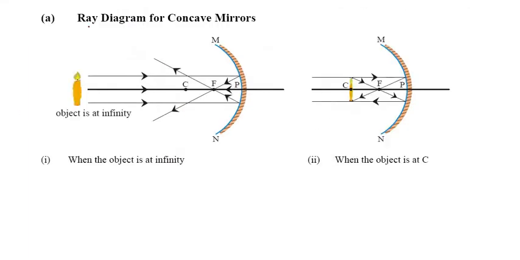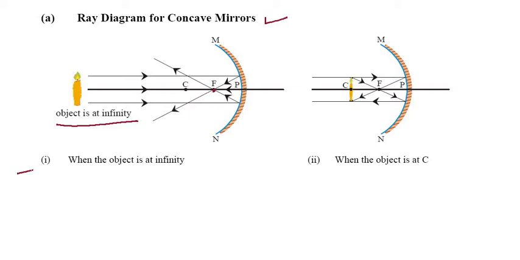Now come to the ray diagram for the concave mirror. Object is placed at infinity. Then the image is formed at focus.